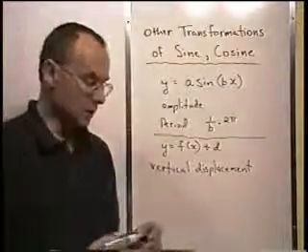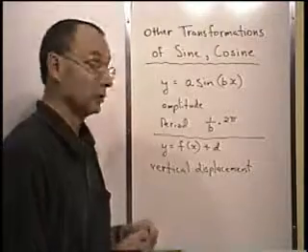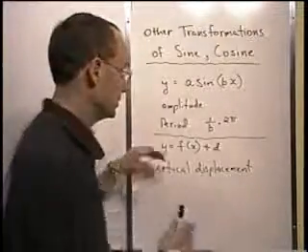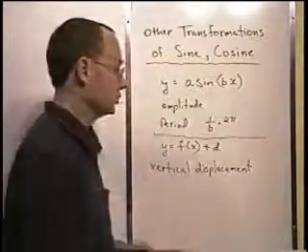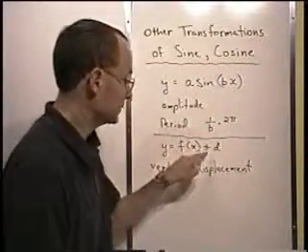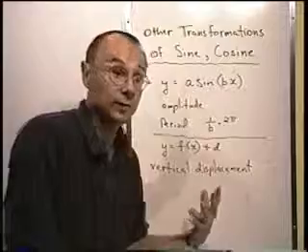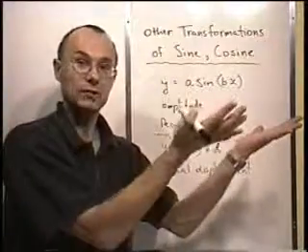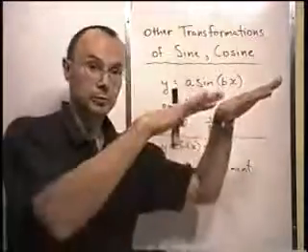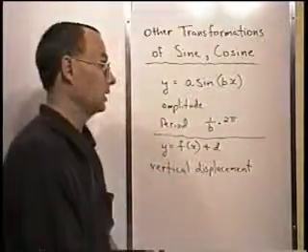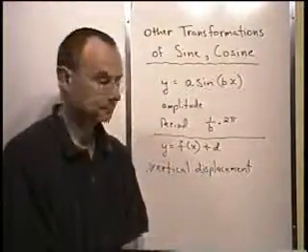The vertical displacement is how much we shift up or down. You'll see with examples that if this said plus 7, the entire graph would get shifted up 7. If this said minus 3, it would pull the entire graph down 3 units.